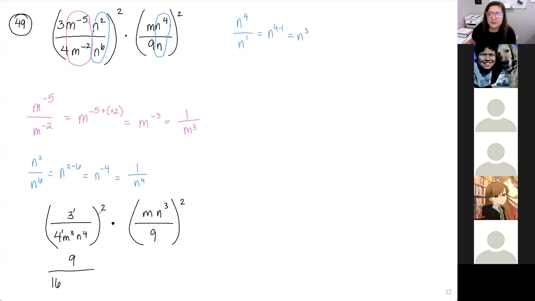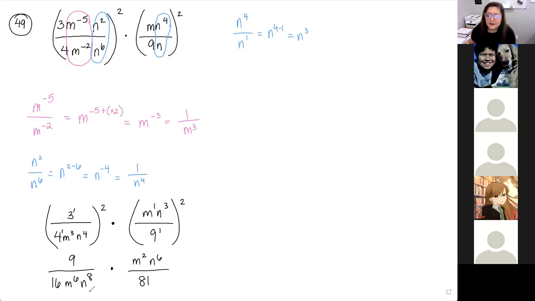So I'm going to multiply the 3 and the 2, and I'm going to end up with m to the sixth and n to the eighth. Then I'm going to multiply again. And this is technically to the first, right? So I'm going to have m to the first to the second, which means I'm going to have m to the second, and then again n to the sixth over 9. Oh, whoops, over 9 squared, which is 81.